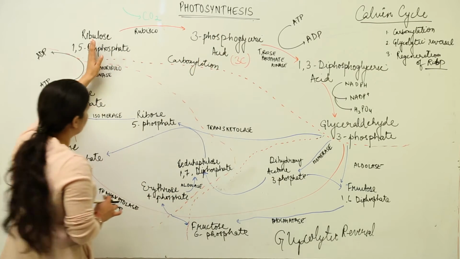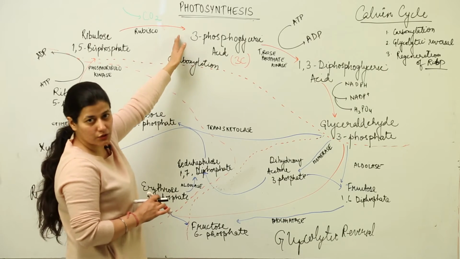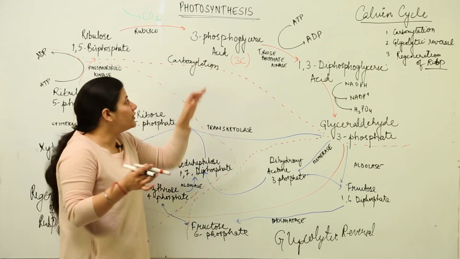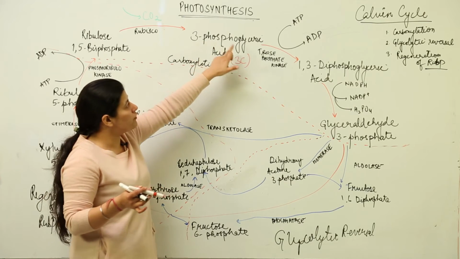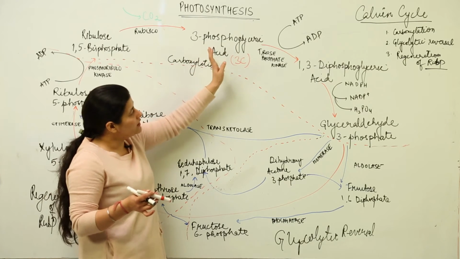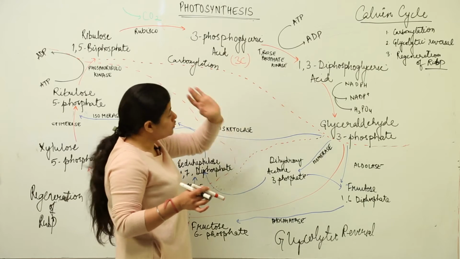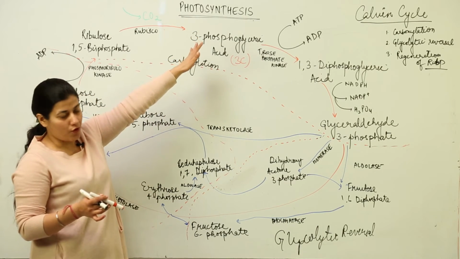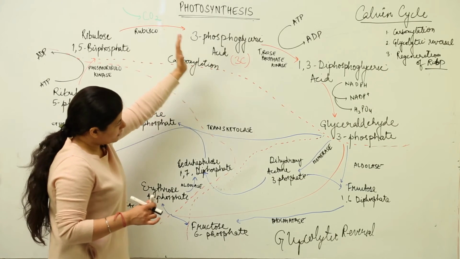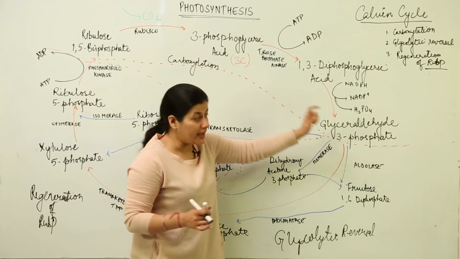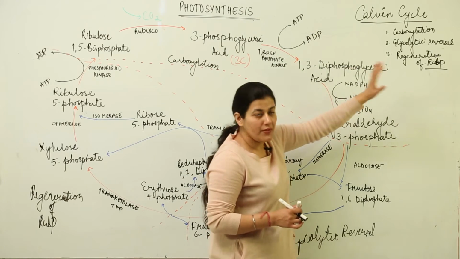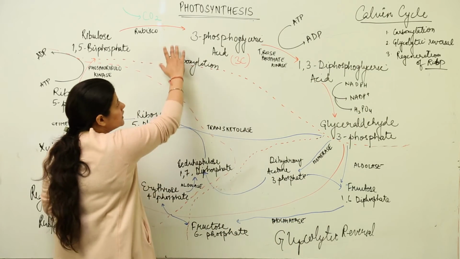Because it is a 5-carbon compound, it combines with 1 CO2. It is bound to form a 6-carbon entity, but it breaks down and forms a 3-carbon compound, 3-phosphoglyceric acid. And do keep in mind, there would be another 3-phosphoglyceric acid formed. So from here till here, another parallel step is going on, okay? So we are going to keep that in mind.